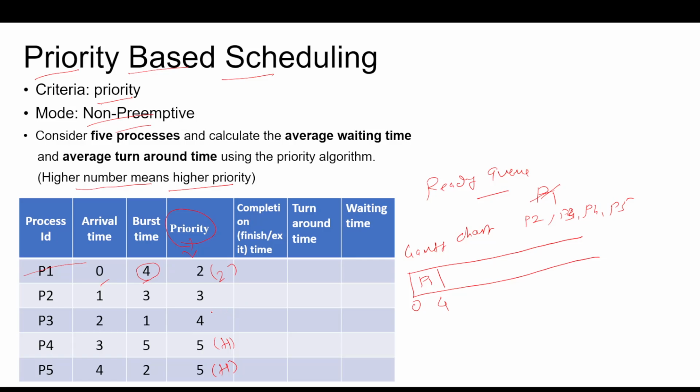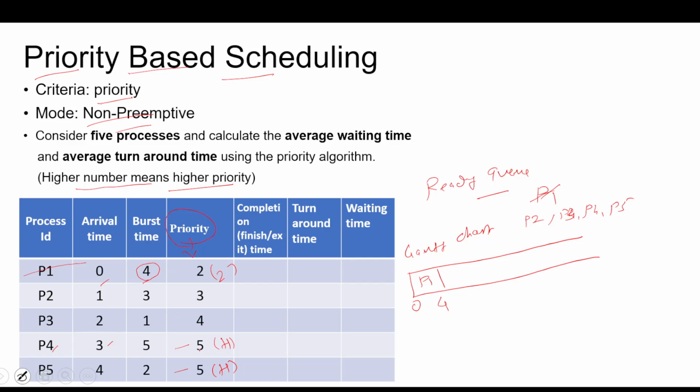Now in this case, check the criteria. The criteria says that the highest number means the highest priority. But see, the P4 process has the same priority as the P5 process. In that scenario, we have to consider the arrival timings or the sequential process IDs. If the priorities are the same and the arrival timing is also the same, then we can focus on the sequential process IDs.